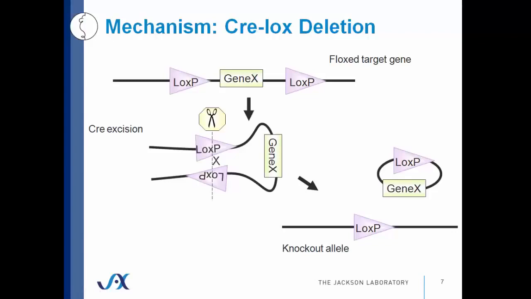Then the Cre recombinase is going to recognize those two LOXP sites and recombine the DNA between them, leaving the DNA in between the two LOXP sites out as a circular piece of DNA and a single LOXP site remaining on the chromosome, thereby knocking out the gene. And then it's the promoter, or however the Cre itself gets expressed, that controls when and where this deletion happens.